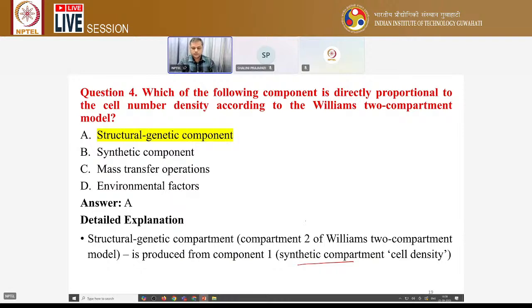We discuss in terms of rho 1 and rho 2. And what it says is that cell number density is directly proportional to the structured genetic component, or you can say compartment 2 of the Williams two compartment model, which is produced from component 1, the synthetic compartment of the cell density model.